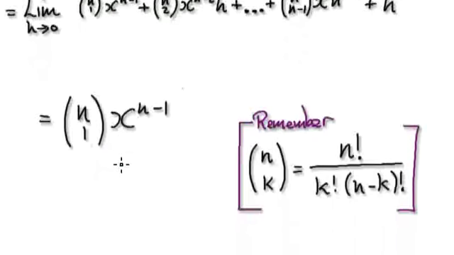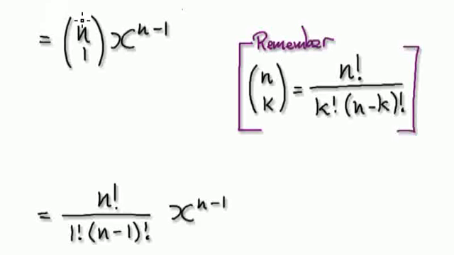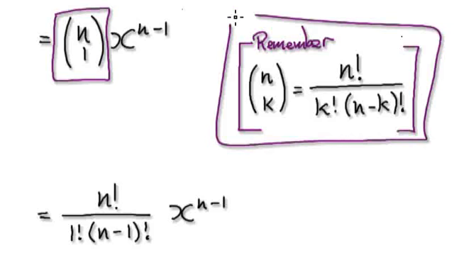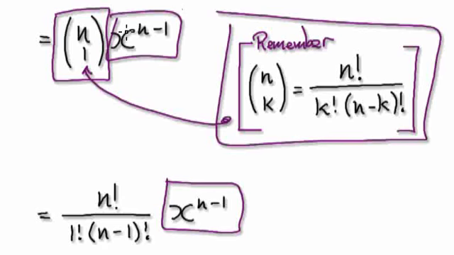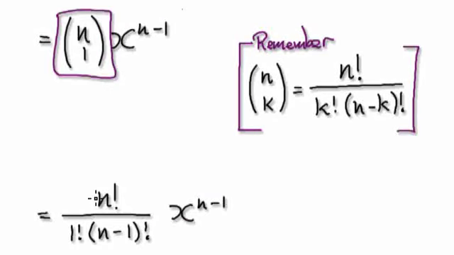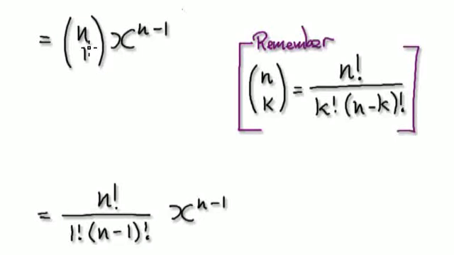Now remember that this thing here is in a way this thing here. So you can now put this into here. So this here is this, and this here is this. Now here you've got n and then 1.